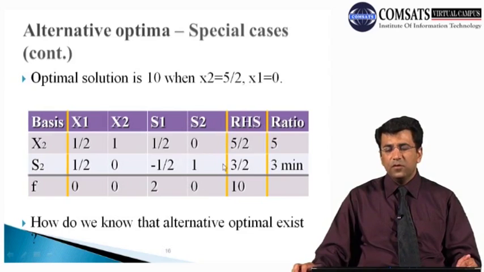So class, now we have all the values equal to 0 or positive in that objective function. Here in this particular case, if we consider the value of x2 is equal to 5 by 2, and as there is no value of x1 in the basic variables, we can take the value of x1 is equal to 0, then we can get the objective function equal to 10 in this particular case.